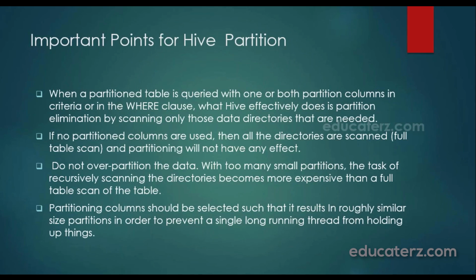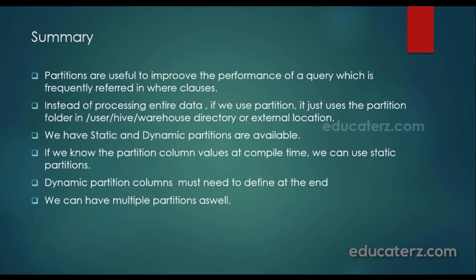Suppose I choose the partition column as complaint ID, which is unique. Obviously it is going to create a lot of subfolders, so it takes a lot of time, and you can see the performance degradation. So choosing a partition column is very, very important.